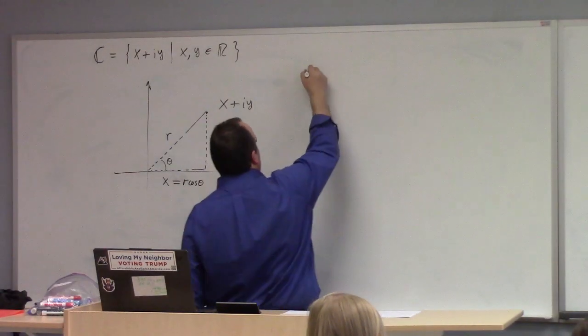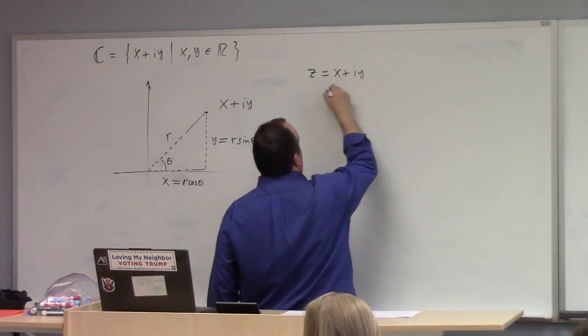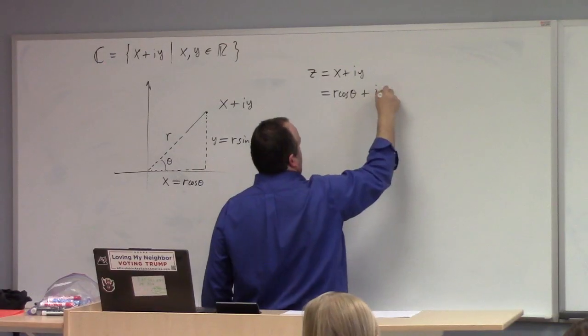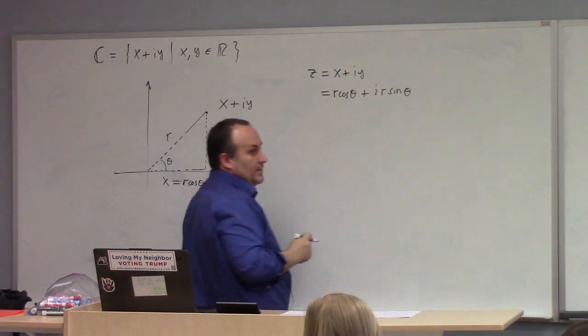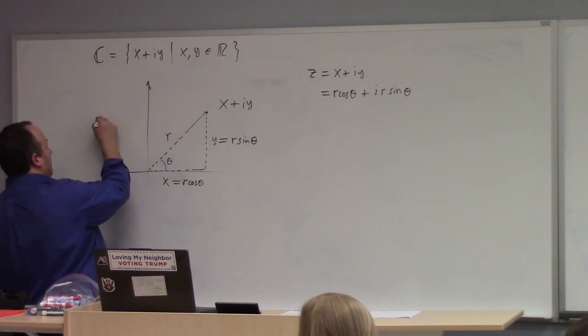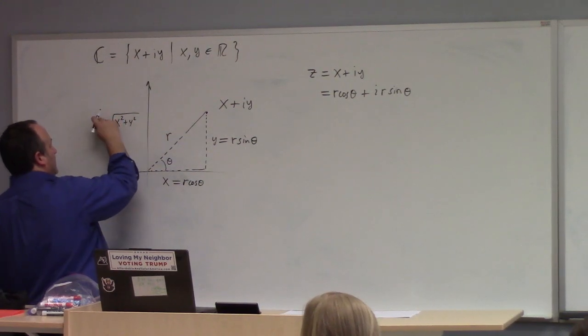And so if I have z is x plus iy, I can write that as r cosine theta plus i times r sine theta, right? Where r is what? Square root of x squared plus y squared, right?